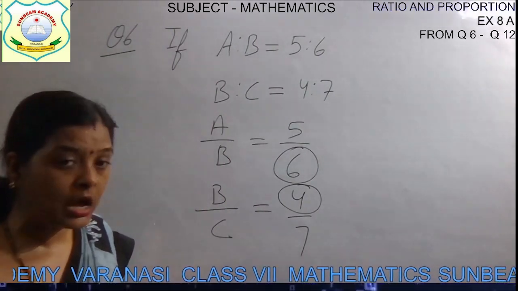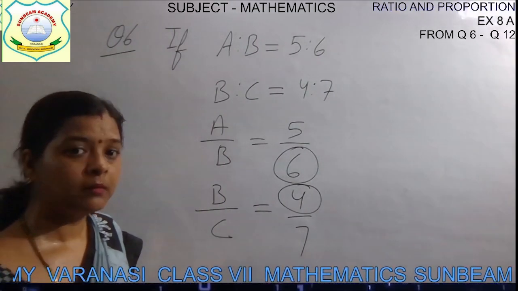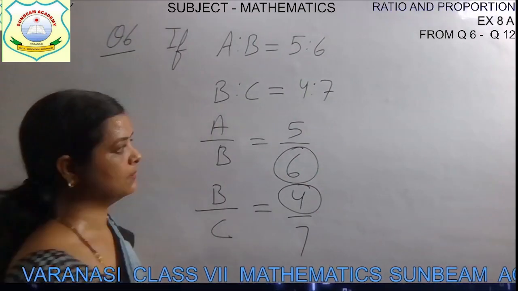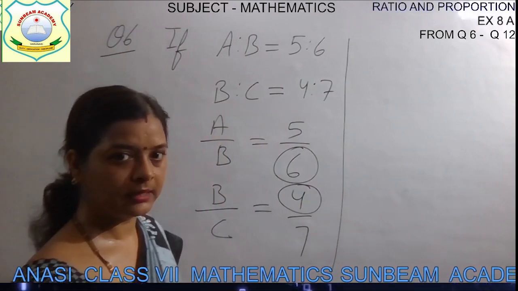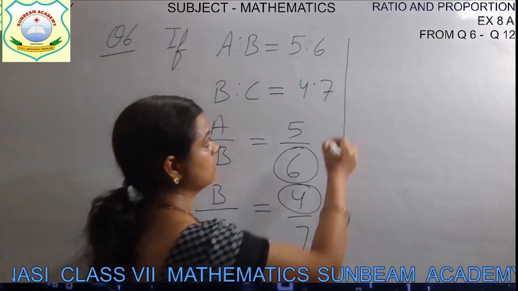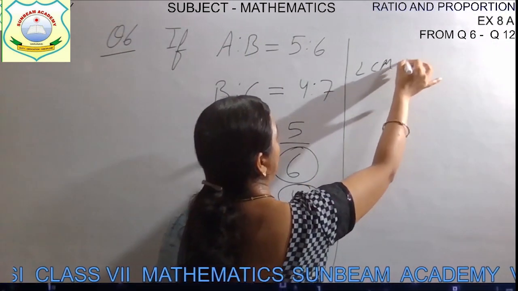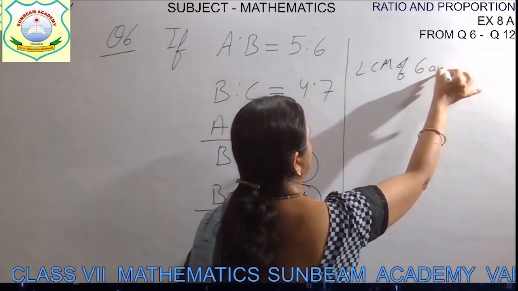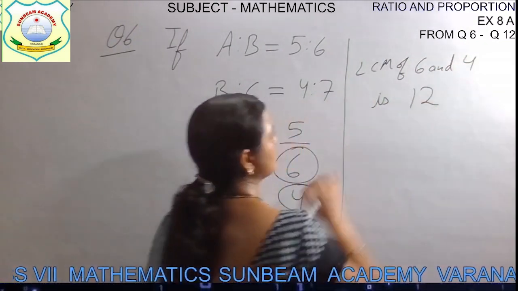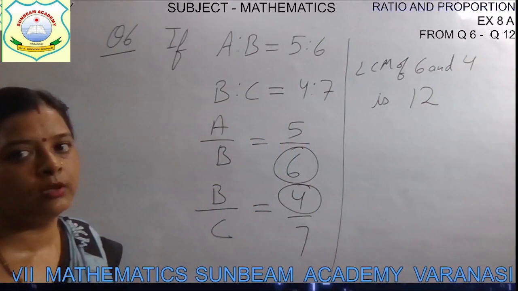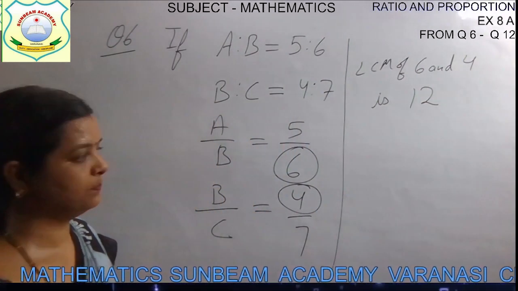No. How can we make them same? By taking their LCM. So the next part I am solving here, children. Is it visible? Yes, it is visible. So LCM of 6 and 4 is how much? It is 12. LCM of 6 and 4 is 12.